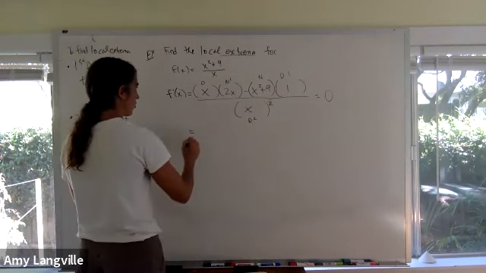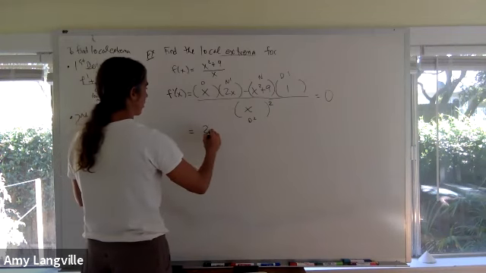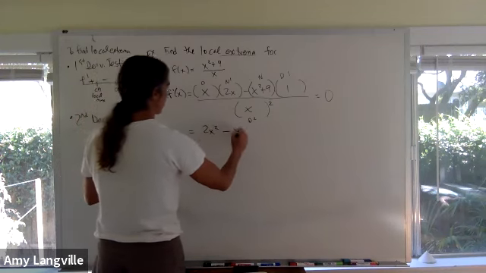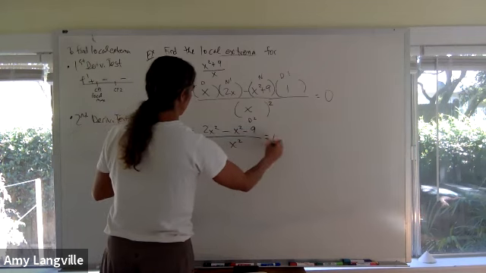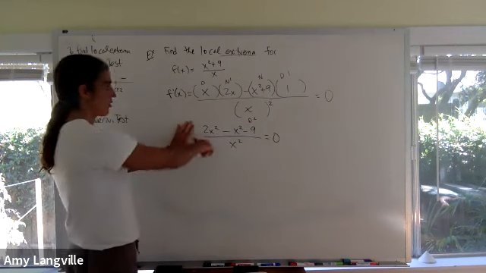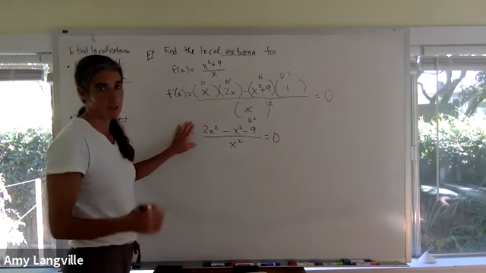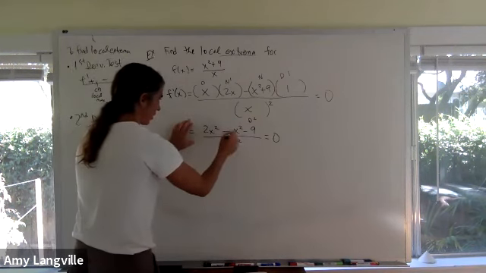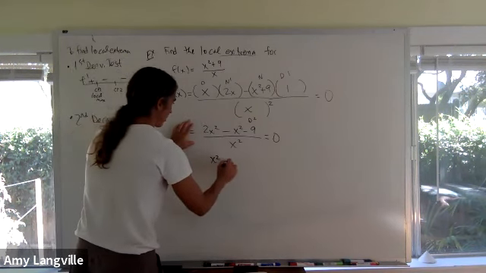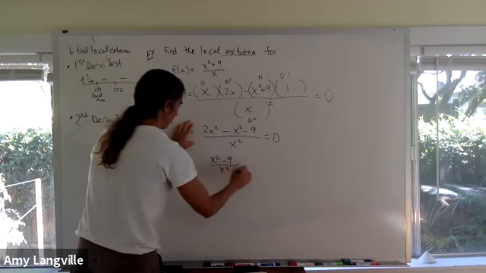I want to simplify the numerator, so I'll have 2x squared minus x squared minus 9 all over x squared equals 0. That's the equation I'm trying to solve, so I can find the values of x that make that a true statement. And I can clean things up in the numerator a little bit. That's x squared minus 9 divided by x squared equals 0.